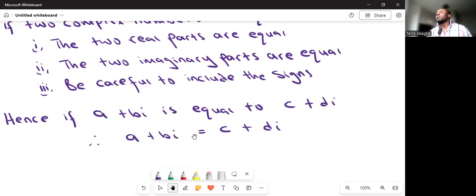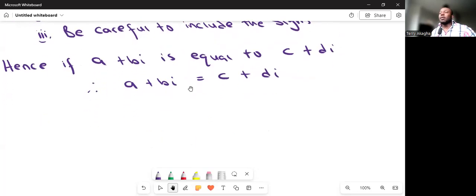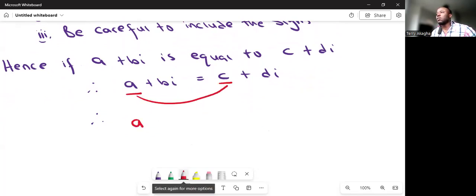So for this to be equal, the real part, A, must be equal to what? C. So you can say the positive A is equal to the positive C.